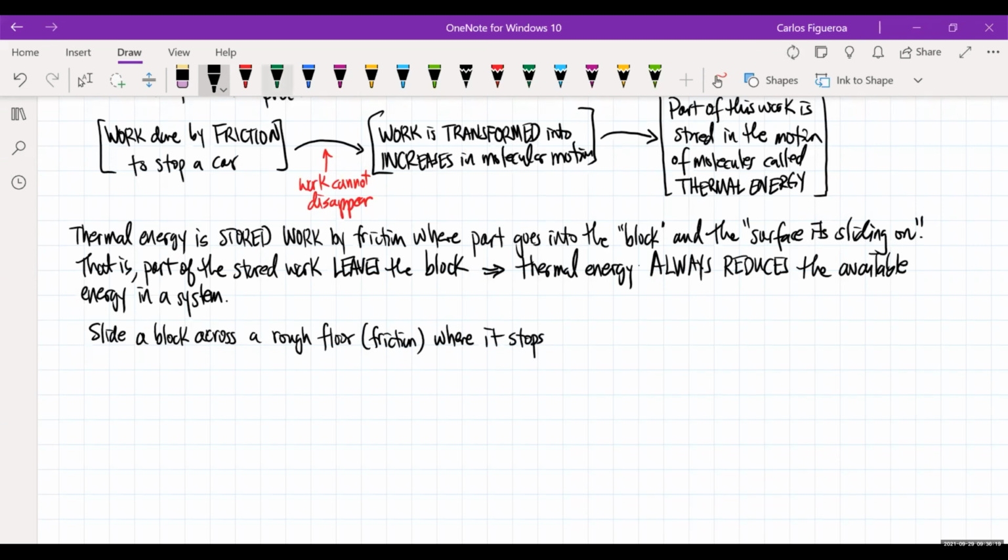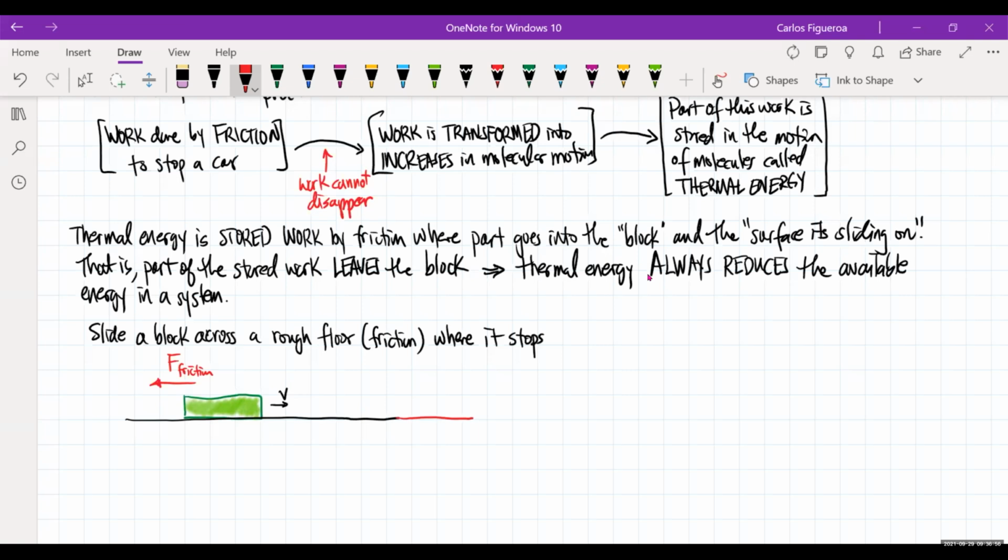So I have my block, here's my block, and we know that it's going to go across the surface. As this thing moves this way, friction always moves in the opposite direction. So this is the force of friction. Then what happens?